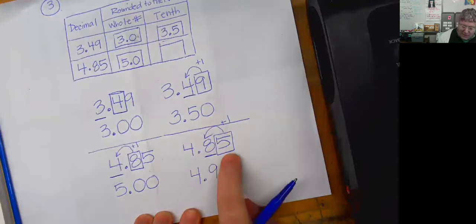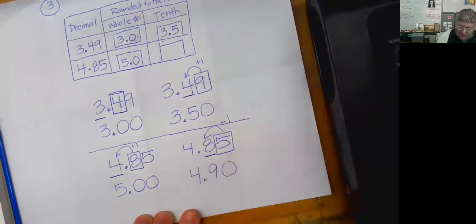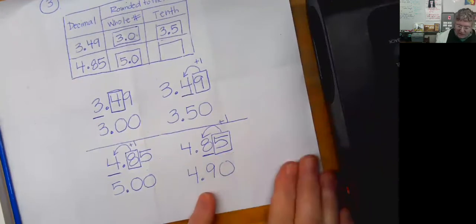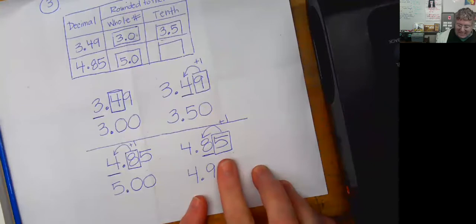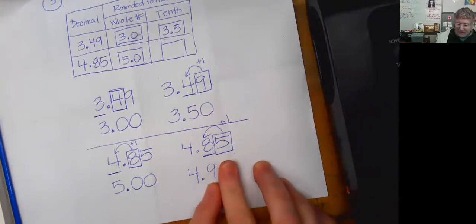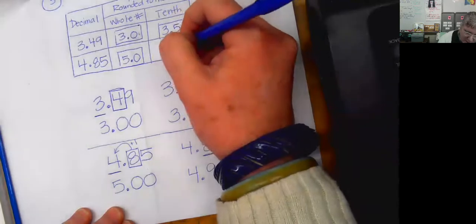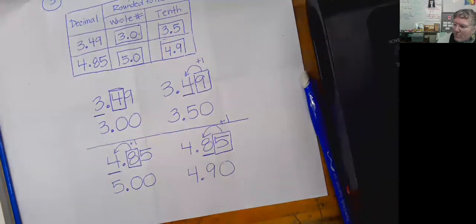And then this box becomes my hero 0. In this case, because we're looking for the nearest tenth, we're not going to put the 0, because that would be the nearest hundredth, 90 hundredths. It's the same thing with the 0 or without the 0, but because they're asking for the nearest tenth, I'm just going to leave the 0 off. So I'm going to call it 4.9, otherwise known as 4 9/10 when I say it properly.